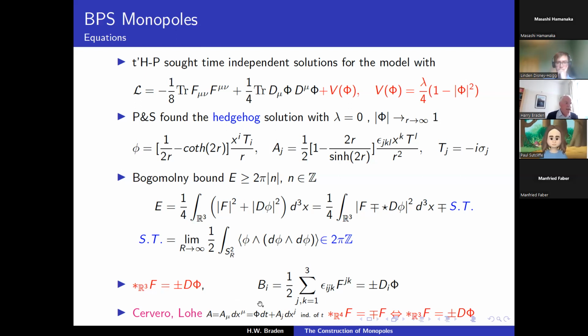And as I mentioned, Severo and Lowe observed that if you let the fields be independent of time, then the self-duality equations reduced to these BPS equations.